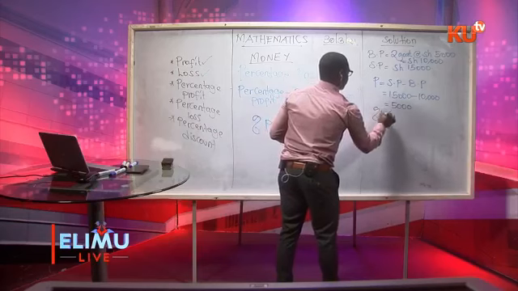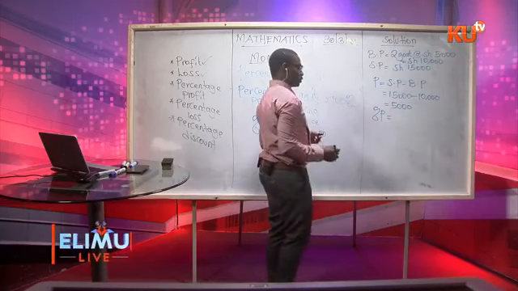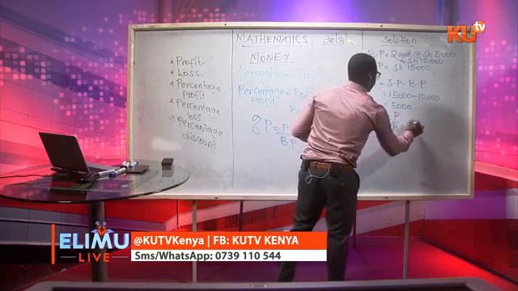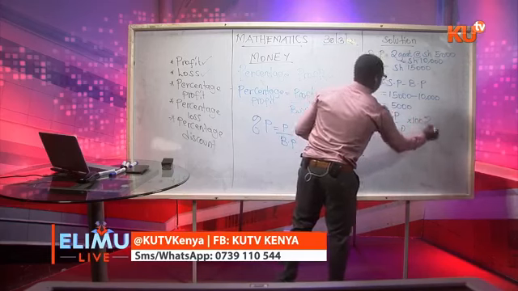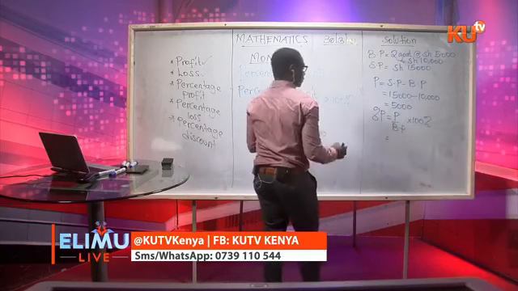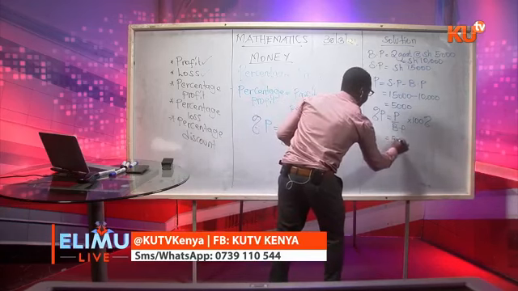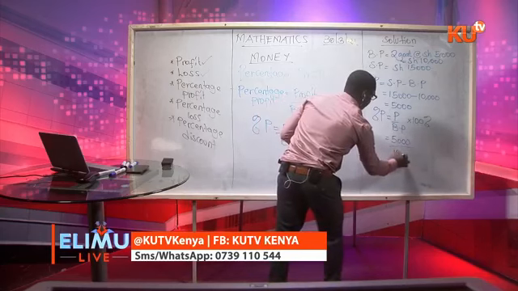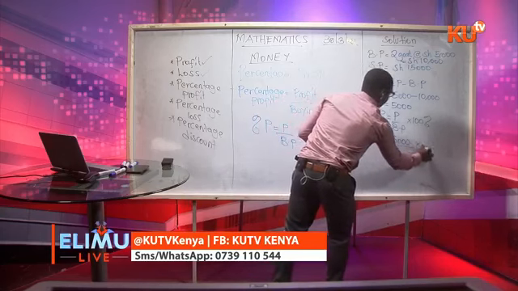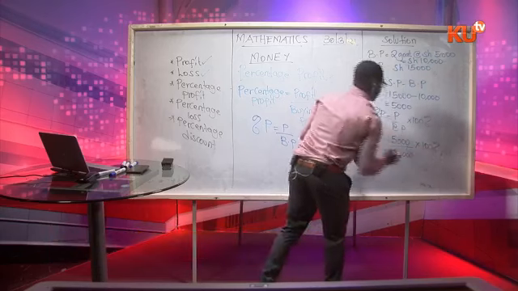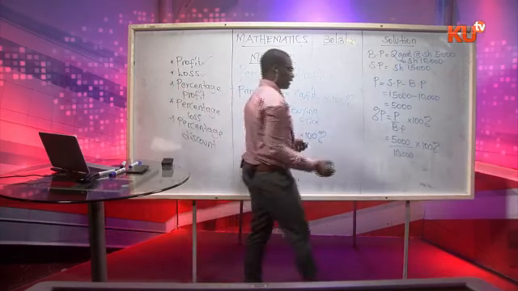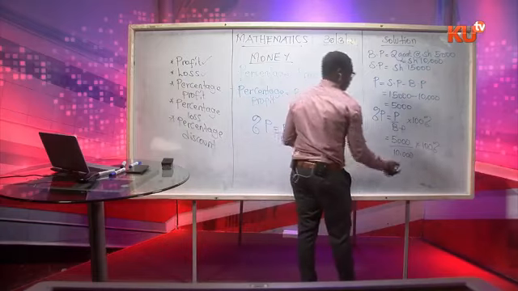So you write the formula for percentage profit, which is equal to profit over the buying price times 100%. So you replace: our profit is 5,000 shillings, our buying price is 10,000 shillings, multiplied by 100%. It's always easy to solve when you are calculating multiples of 10, where we cancel zeros.